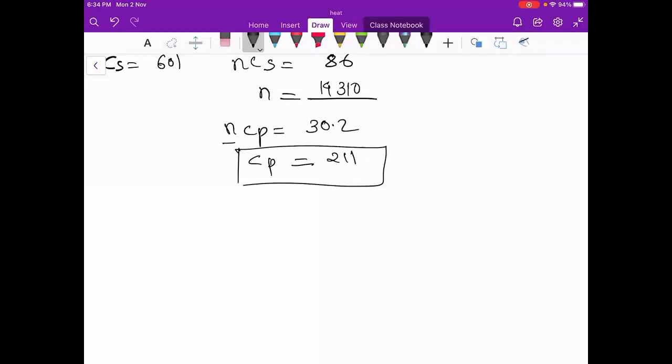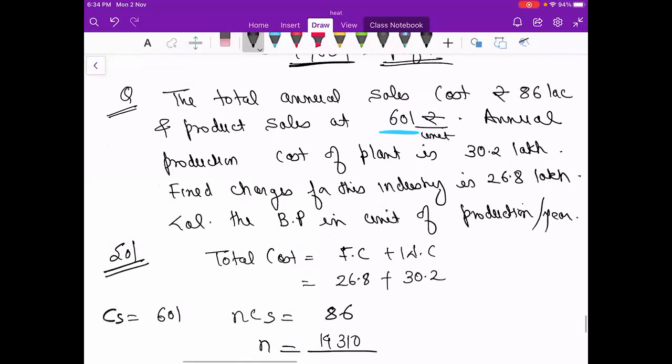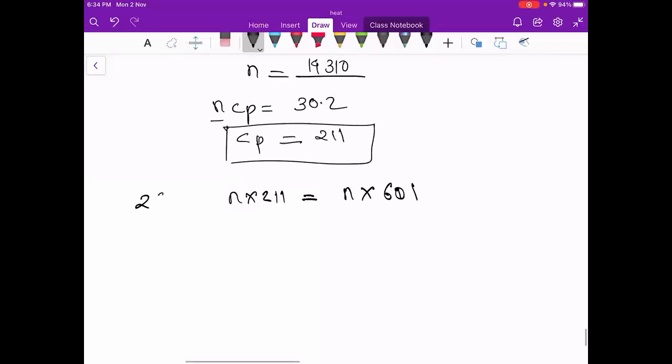Now you can apply the break-even point. So break-even point will be N into 211 equals to N into 601, and here we will plus fixed charges 26.8. Okay, so it is in lakh actually, so convert that into the terms.